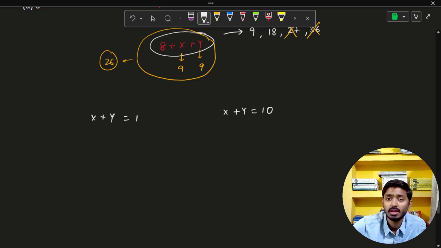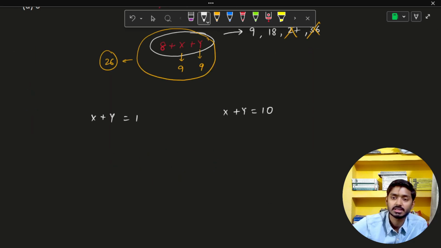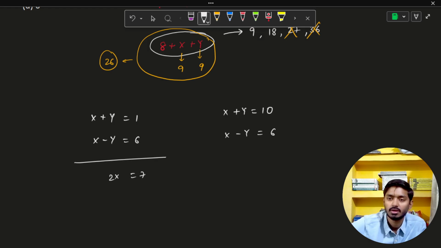All right, we are also given the difference, that is x minus y to be 6. I'll write x minus y to be 6 over here and x minus y to be 6 here. All right, we add them, we get 2x equals 7, and 2x equals 16.